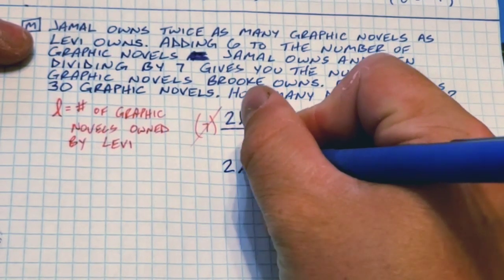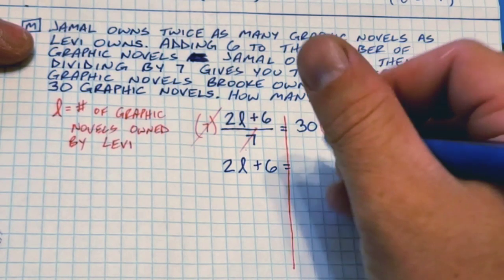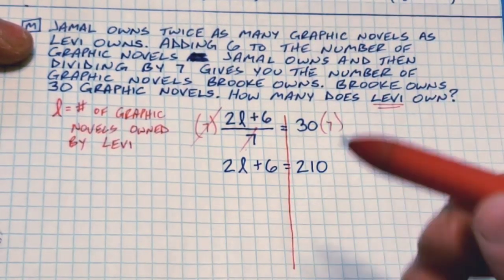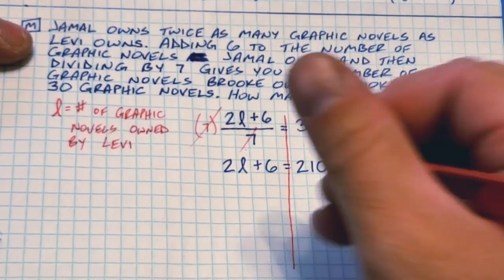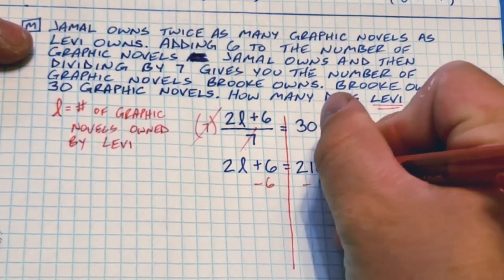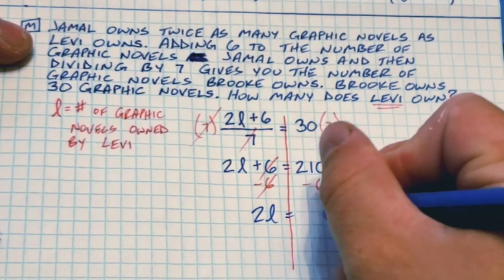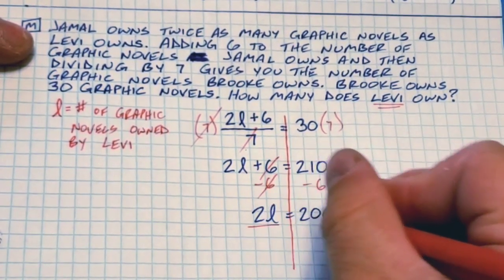We get 2L plus 6 equals 30 times 7 is 210. All right, and then what do we have now? All that's left is a 2-step equation. We're going to undo the constant. Then we're going to undo the coefficient.